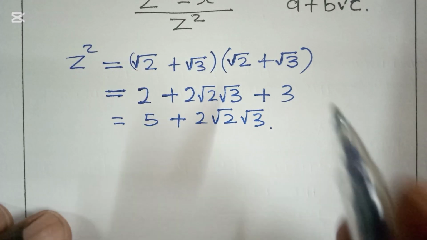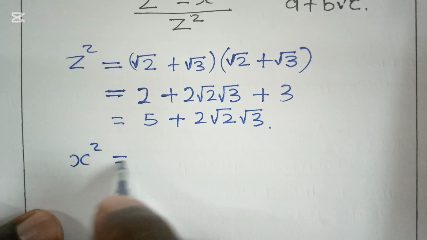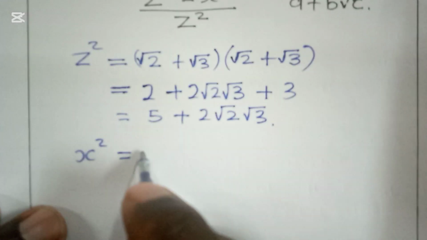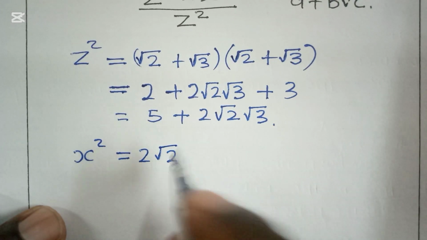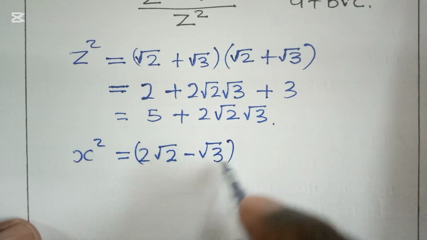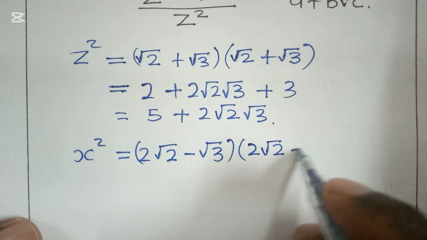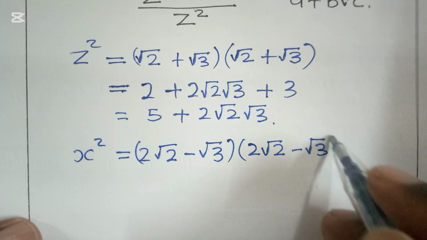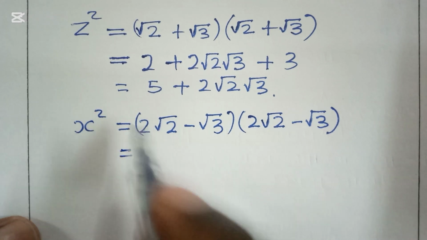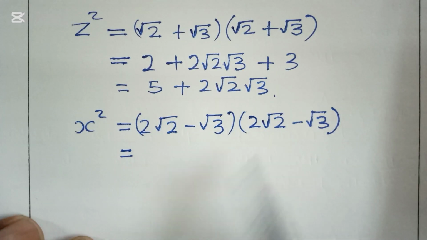Guys, now we go to x squared. For x squared, I write the x, that is 2 square root of 2 minus square root of 3. Guys, now we square that. So we shall have to multiply twice, which now gives us 2 square root of 2 multiplied by 2 square root of 2.